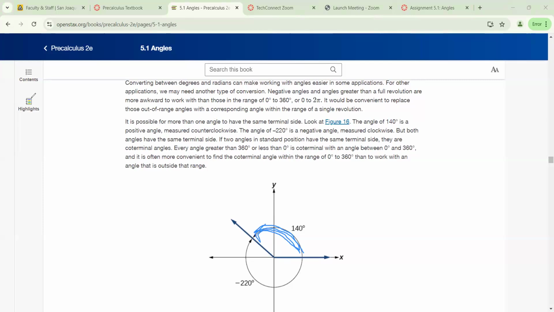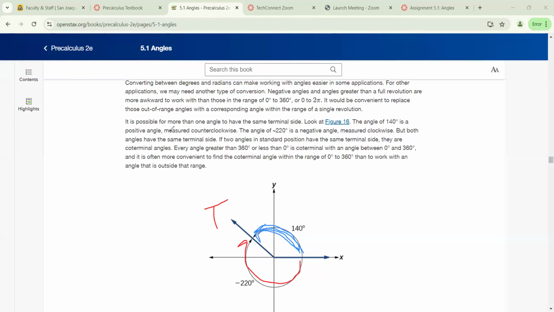But if you look at another angle drawn here, that also has a terminal side here. So they both share the terminal side. They're saying it is possible for more than one angle to have the same terminal side. Look at this picture.